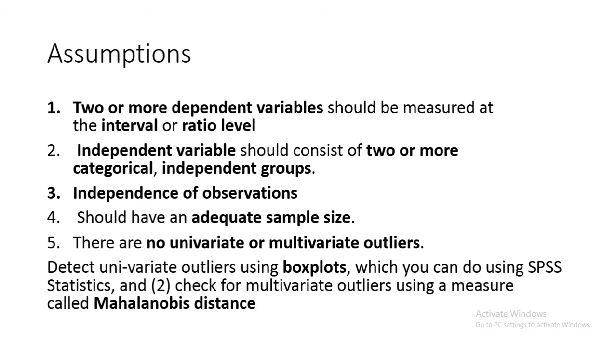To test the absence or presence of outliers, you can use a box plot for the univariate case, and you can use the Mahalanobis distance measure to check the multivariate outliers.